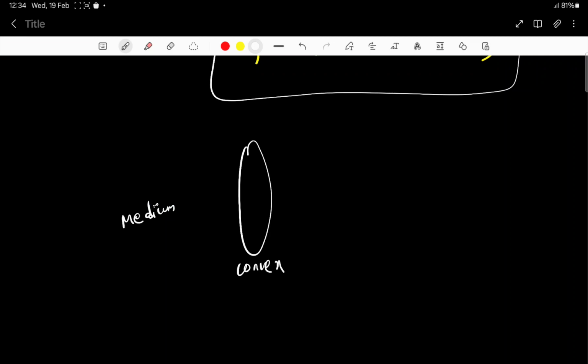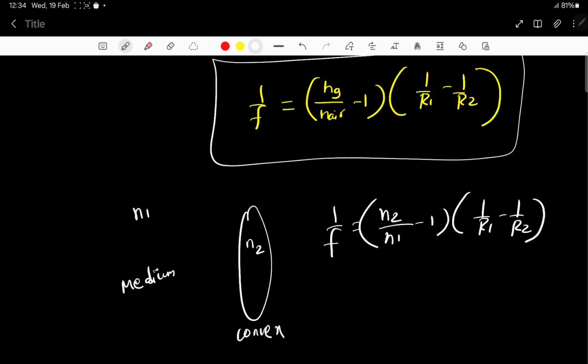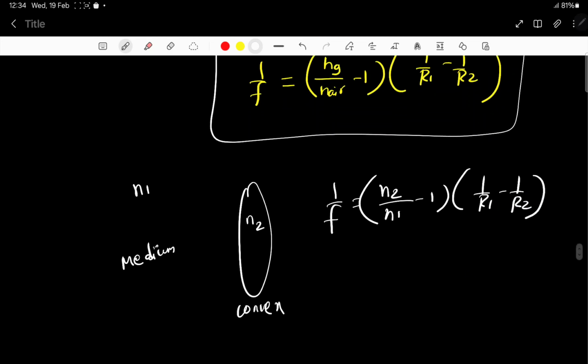So if I place this convex lens in some other medium, then the refractive index of the medium 1 is n1, the refractive index of the medium 2 is n2. Then for a more general case, we can use this formula 1 by f equal to, where ng can be replaced with n2 and nr is replaced with n1. So it is a more general form of the Lensmaker equation. It could be applicable for any medium.